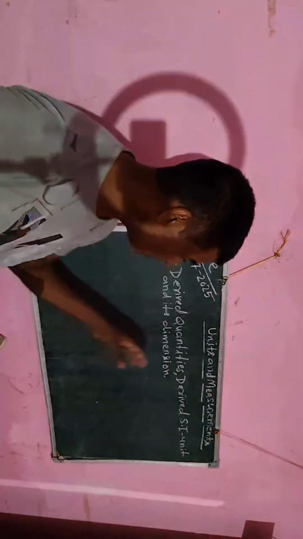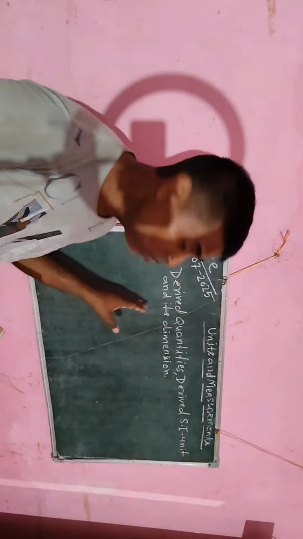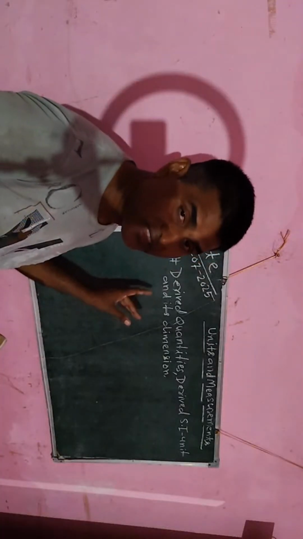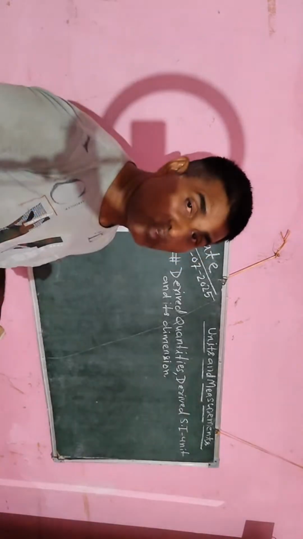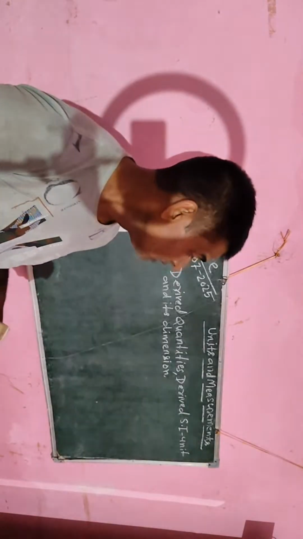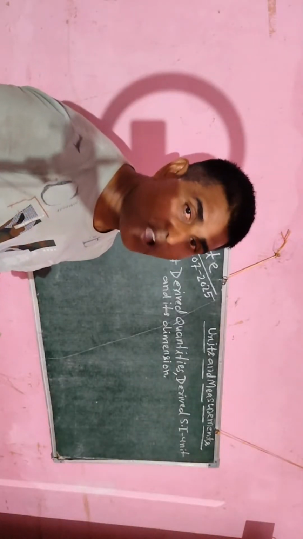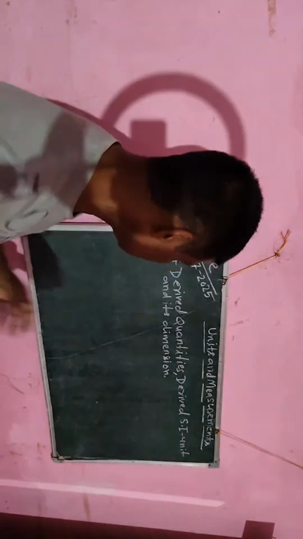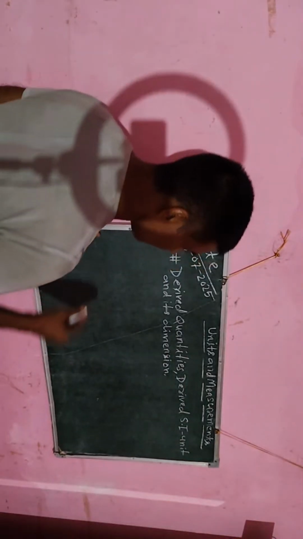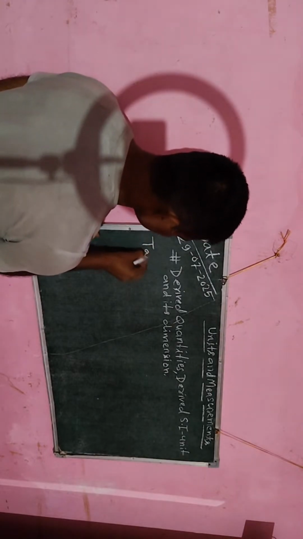All information I will put in a particular table, and you read and remember that table, because according to that table you can solve any question. If any question is asked in your exam or in the CBSE board or UP board, you can easily solve it. So concentrate here. I am going to make a proper table.